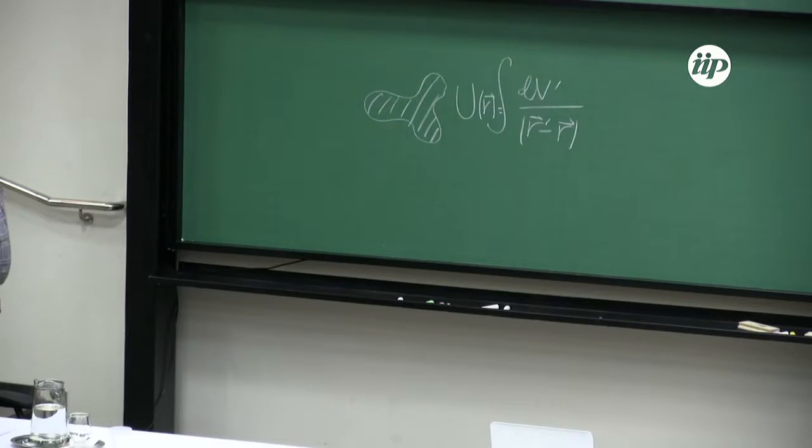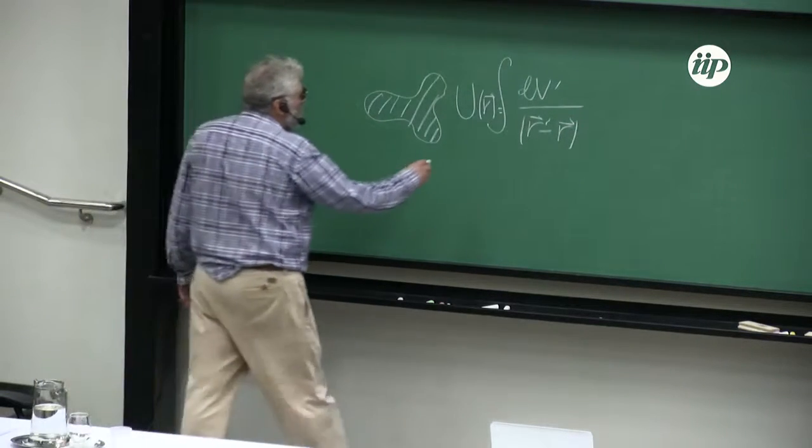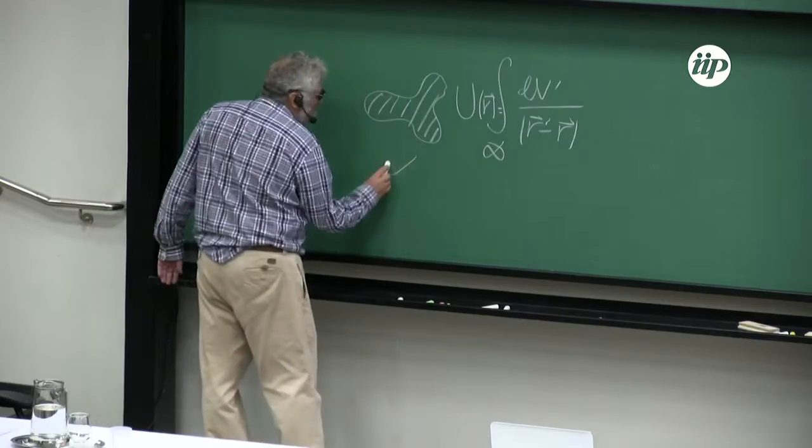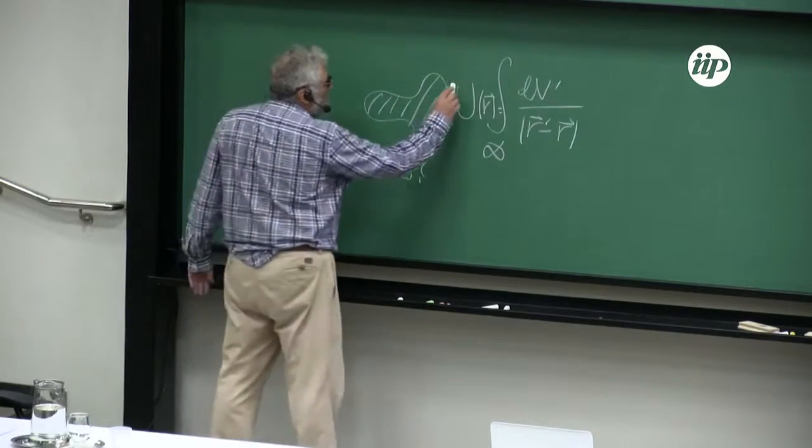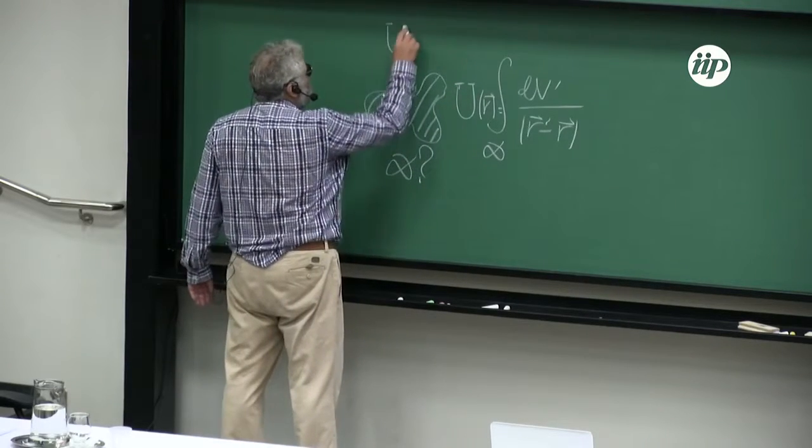The question is to recover the domain D if what is given in the problem is U of R.